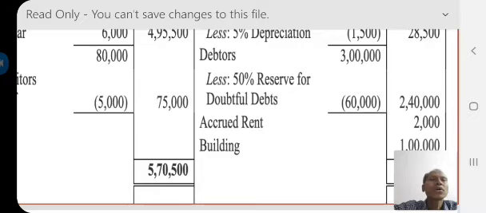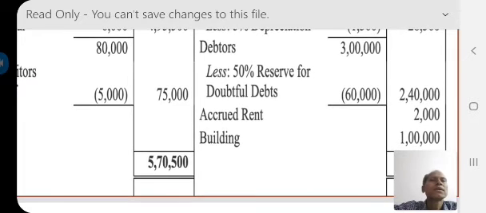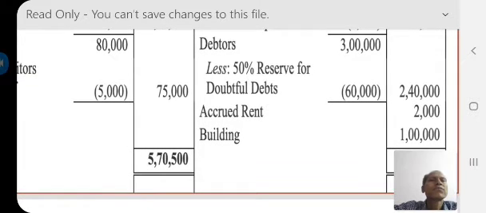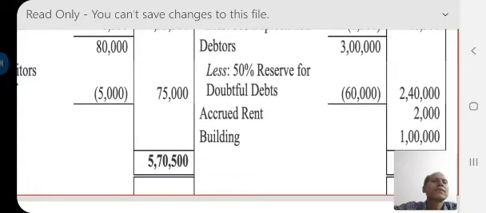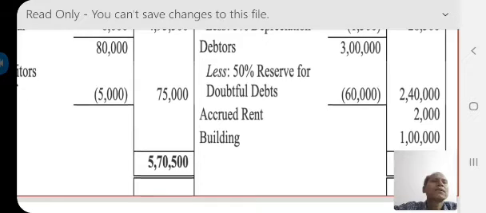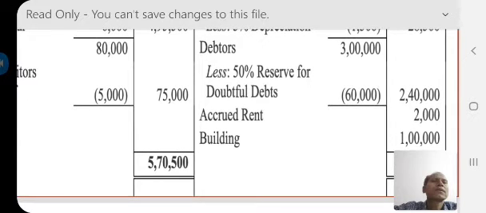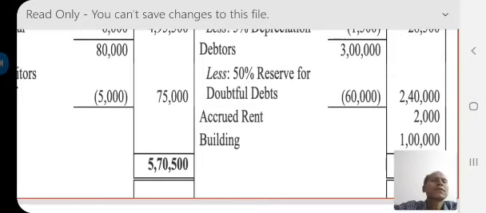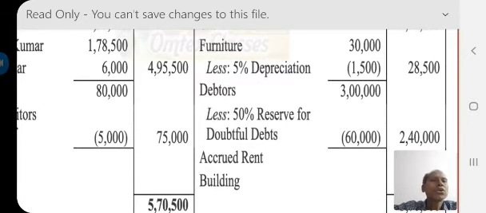Yes, debtors. See, 50% should be reserved for doubtful debts. Debtors are how much?